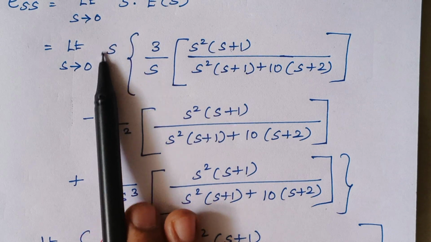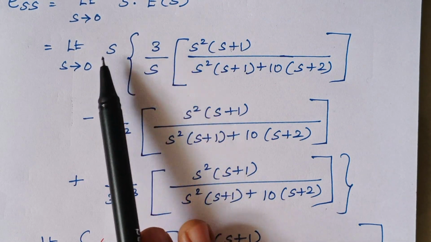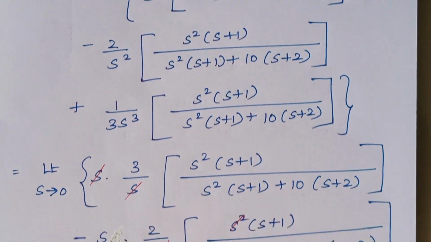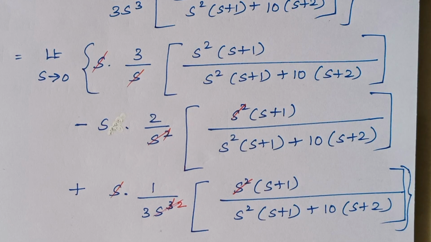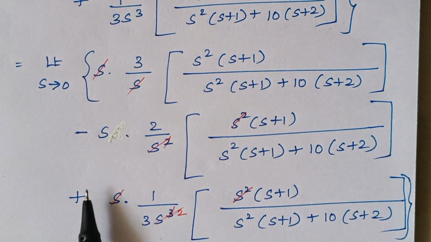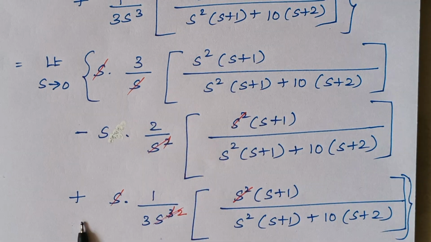This s is common for all the 3 terms, so when moved inside it gets multiplied by all 3 terms. So that is the step I have written here: s into 3 by s, the remaining terms as such, minus s into 2 by s square, and plus s into 1 by 3s cube.